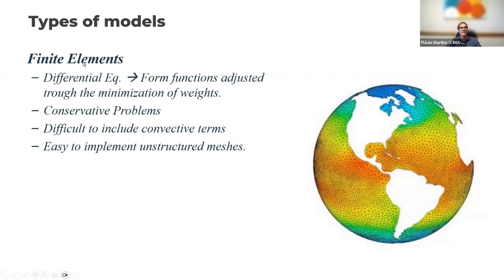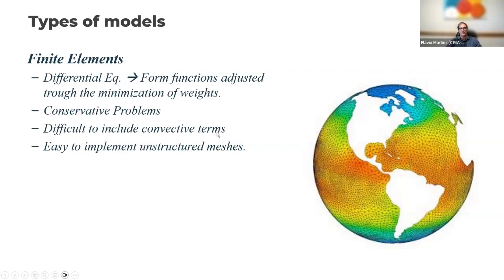Okay? Finite elements is a completely different family of models. They transform the differential equation into form functions, families of form functions, and then the specific function that is chosen is the one that minimizes weights in the equations. Okay, they also have conservation problems.